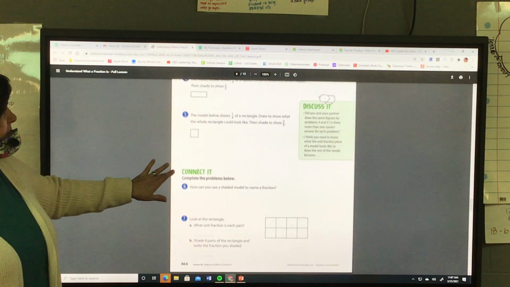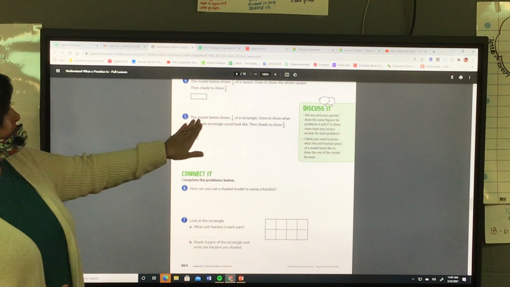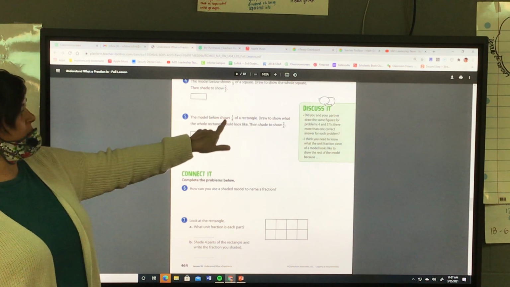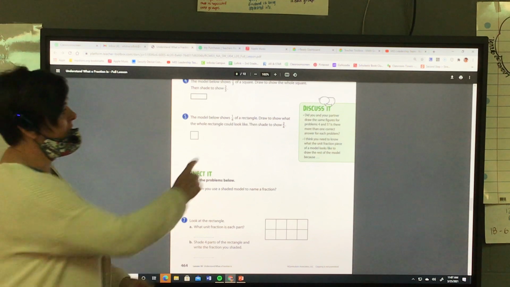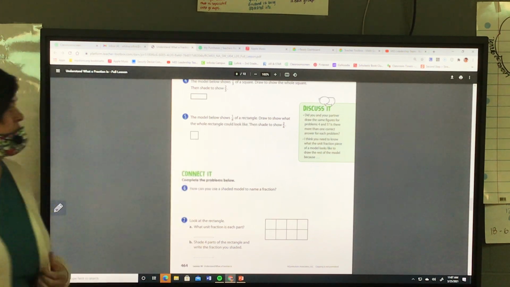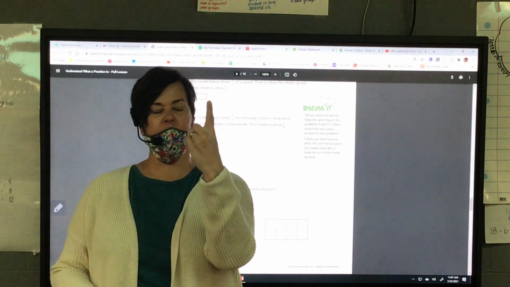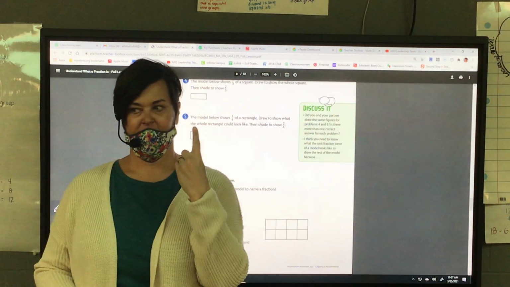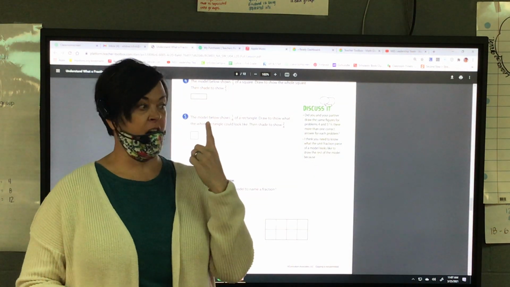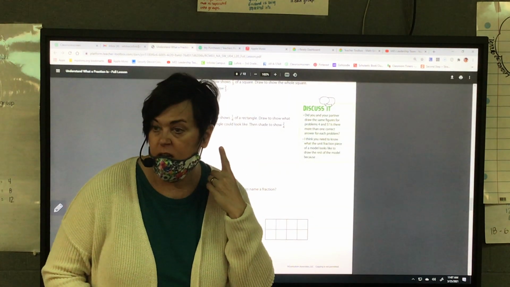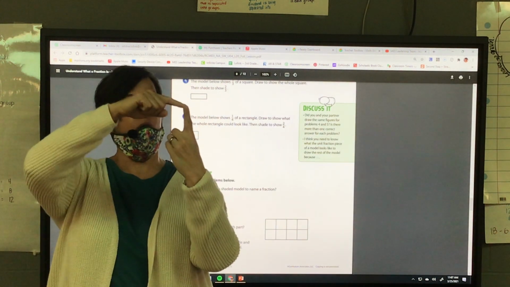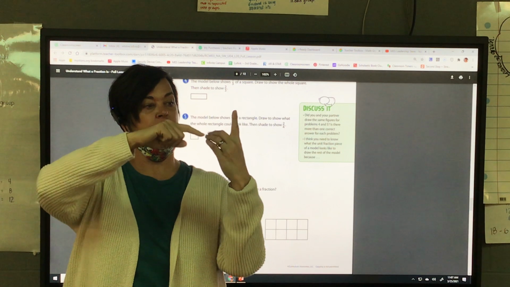Okay, look at this one. They're trying to trick you again. The model below shows 1/4 of a rectangle. So if there's only one of the 4 parts there, how many do you have to draw? 3. You have to draw how many more? 2. No, you have one of the 4.